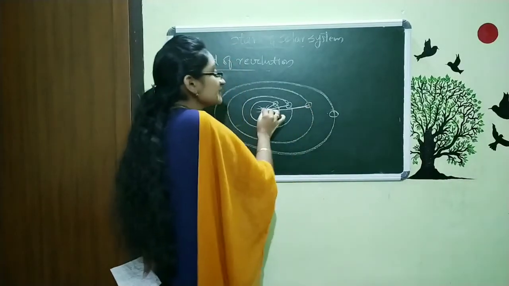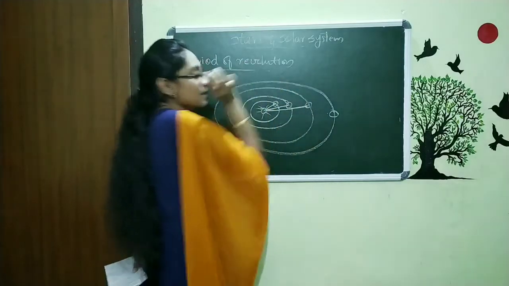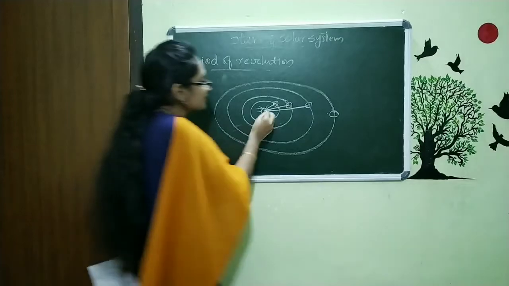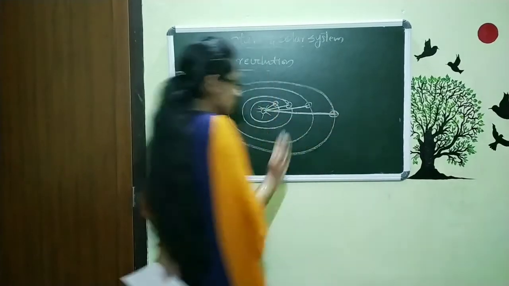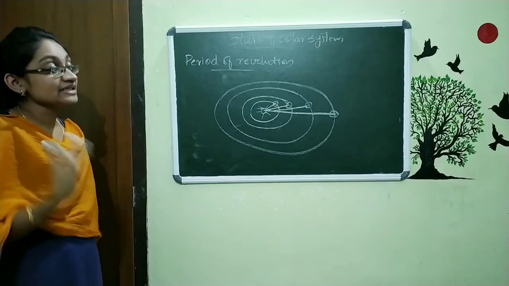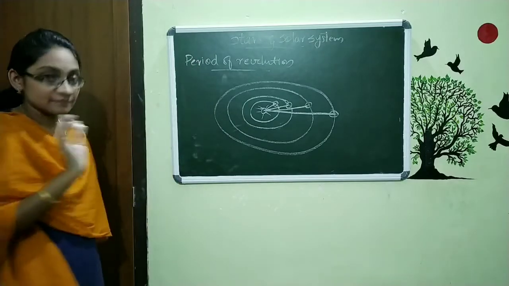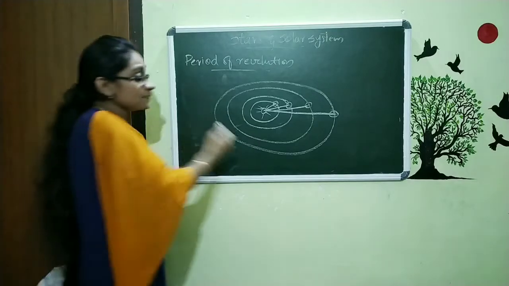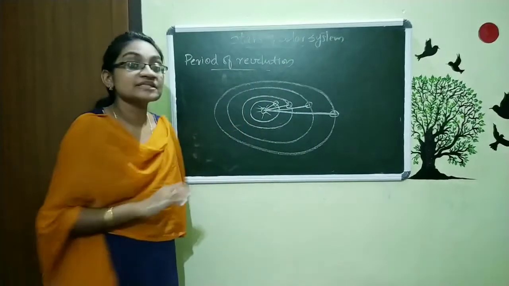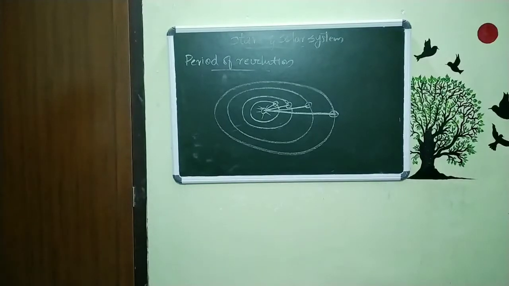Here again the distance is more and it takes more time to complete this revolution, and the same thing is true for the last one. So we can say when the distance from the sun is increased for the planets, then the period of revolution, that means the time taken to complete the revolution, is also increased. That is the thing, you just want to put it in your mind.